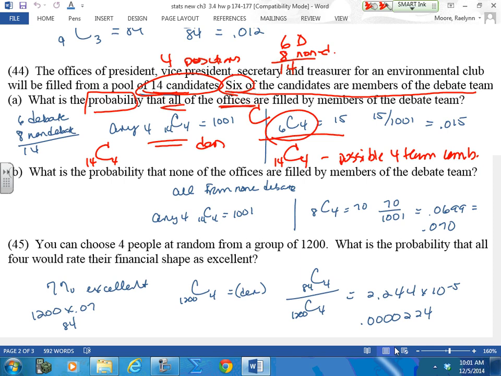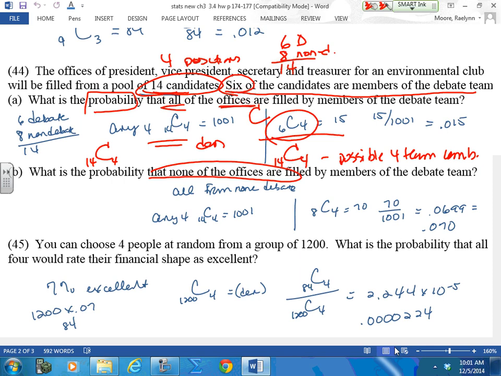Okay, the next one. B. What is the probability that none of the offices are filled by members of the debate team? Well, if 6 are debate, 8 are non-debate. So I want to find out how many ways can I take those 8 non-debates and make groups of 4.